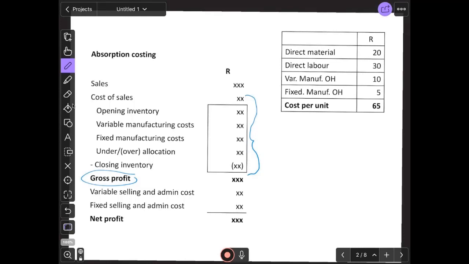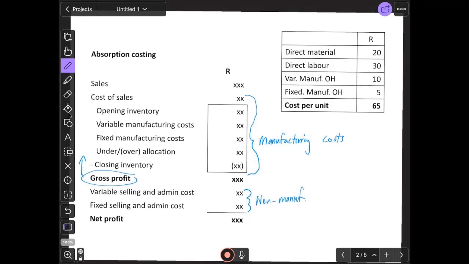All these costs are manufacturing costs. You'll see every single manufacturing cost to make those sales are included above the profit line. And then below, we have all our non-manufacturing costs, all of them.